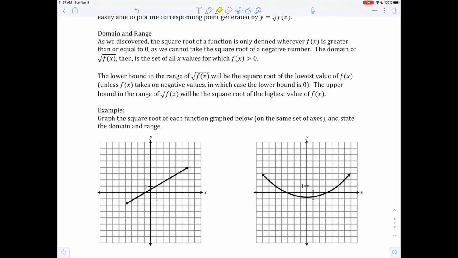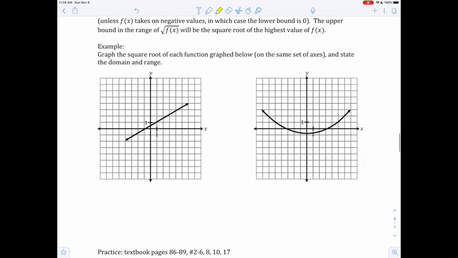And then the higher end of the range of f of x, the square root of that is the higher end of the interval for the range. So we're going to try these two real quick. We'll graph the square root of each function, and we'll state its domain and range. Okay.